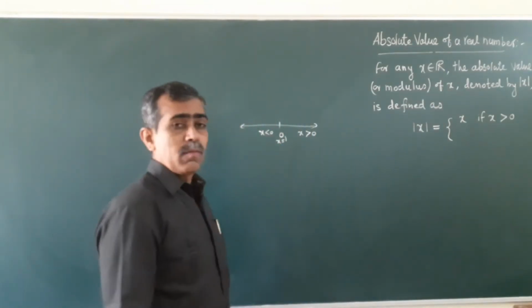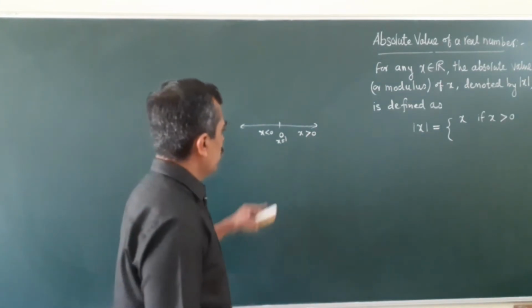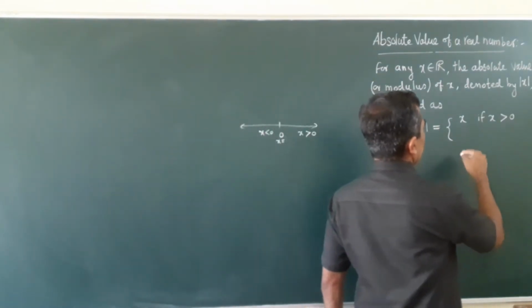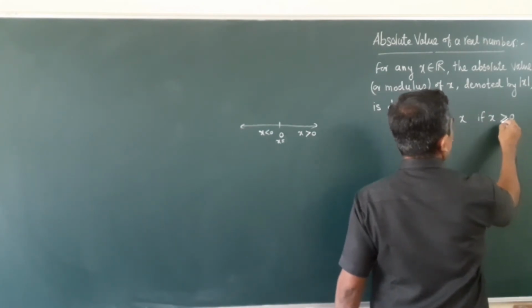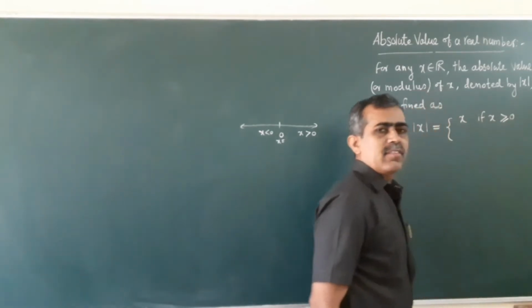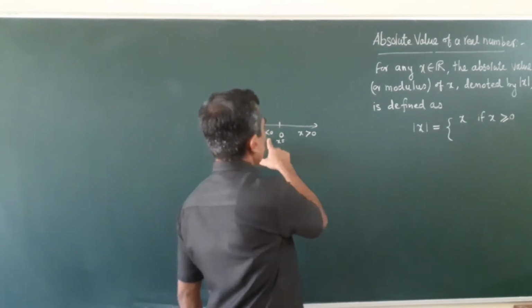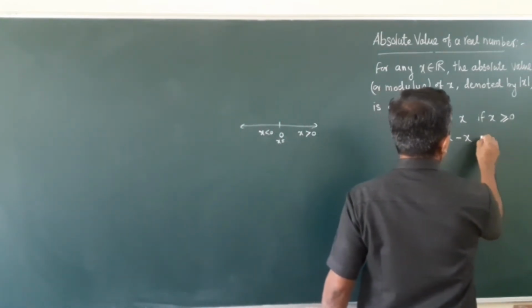It is the definition. Mod of x is x itself whenever x is positive, and when x is 0, mod of 0 is 0. So, if x is equal to 0, then mod x is x itself, meaning mod of 0 is 0, and if x is negative, then mod of x is minus of x.